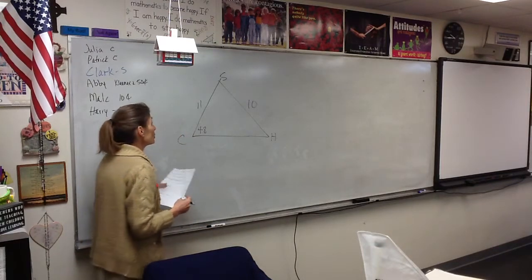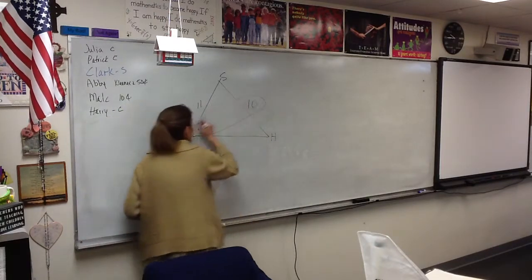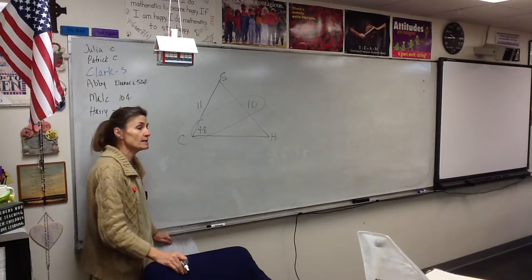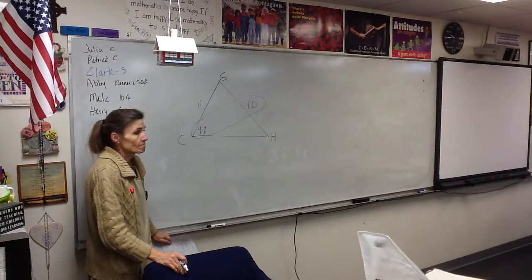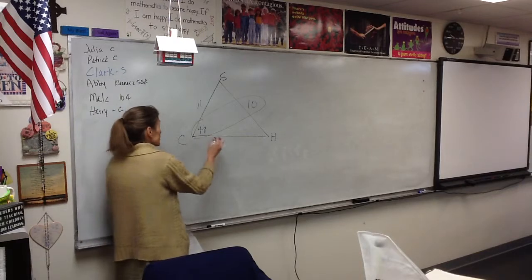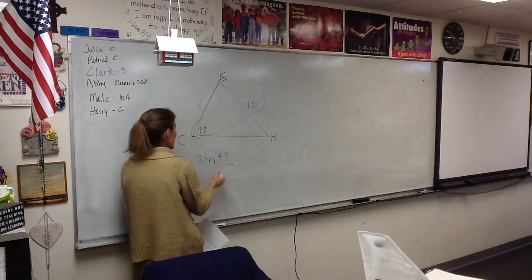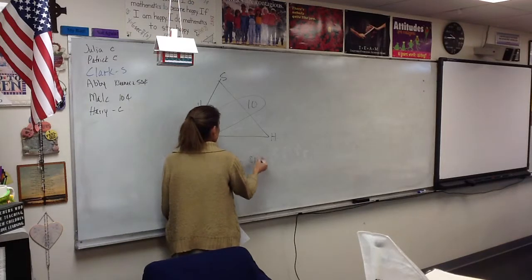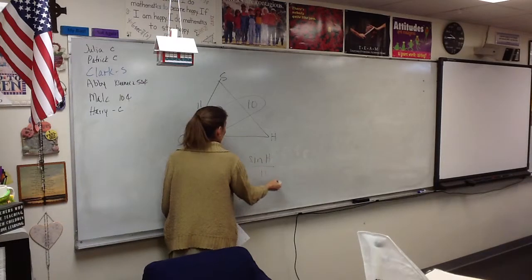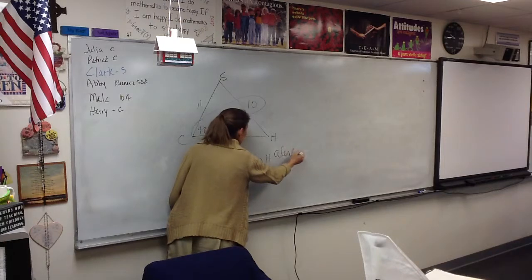All right, so you look at this and you see a pair of information here. We have a pair, so this is going to be a law of sines problem. So sine 48 over 10 equals sine h over 11. Now this is what puts me in alert mode.